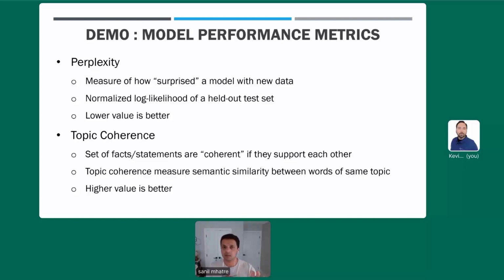This metric is measuring how similar those words are to each other. If words that are similar to each other are coming together to form a particular topic, that means that the topic makes sense. Higher the value of coherence score, the better is that metric. So, two things to remember: perplexity, the score needs to be lower, and coherence, the score needs to be higher.